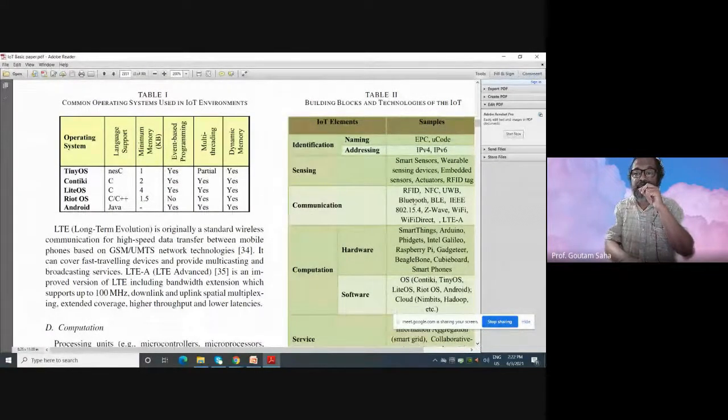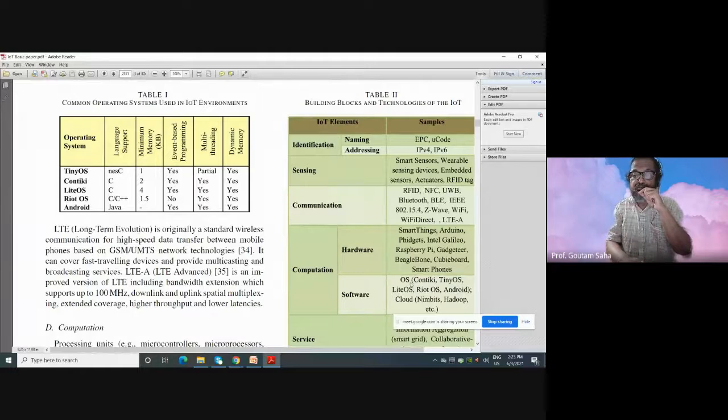Identification with IPv4, IPv6; sensing with smart sensors; communication with RFID, NFC, which I have already discussed, BLE, IEEE 802.15.4, Z-Wave, Wi-Fi, LoRa, and Wi-Fi Direct, etc. Computational hardware: this Raspberry Pi is very important. And another thing, I have said modes; I am not getting it. This Spanish company is not responding. I don't know what happened to them.